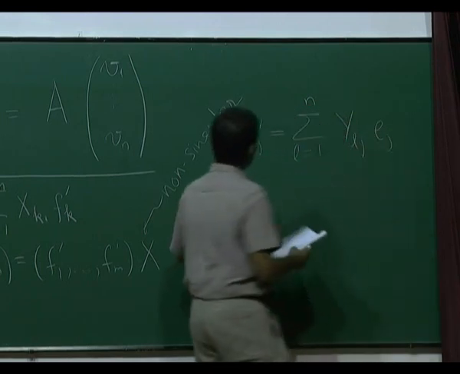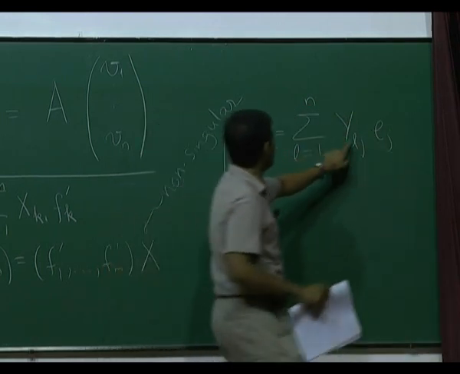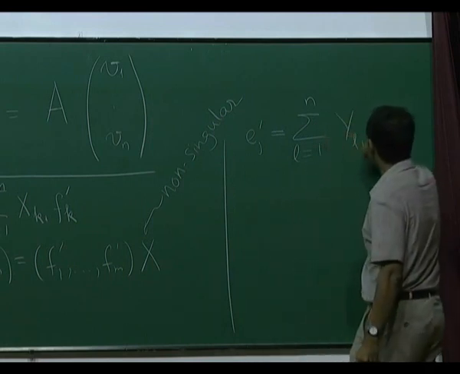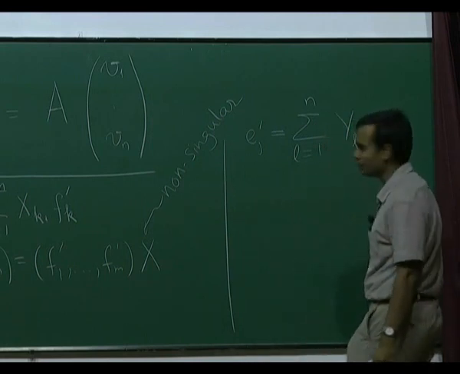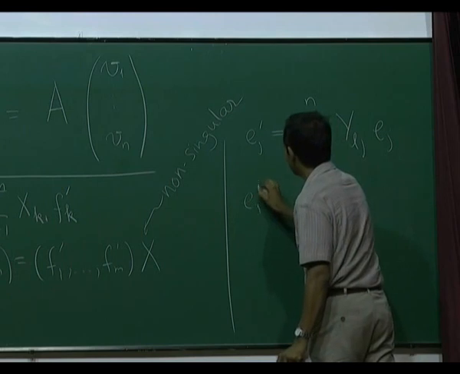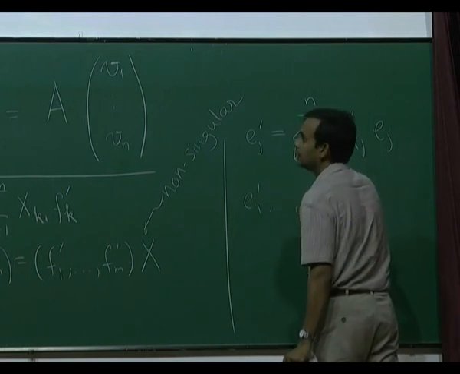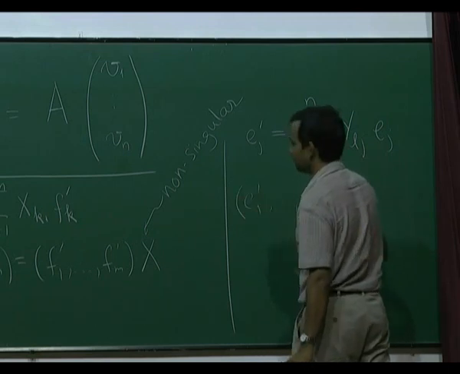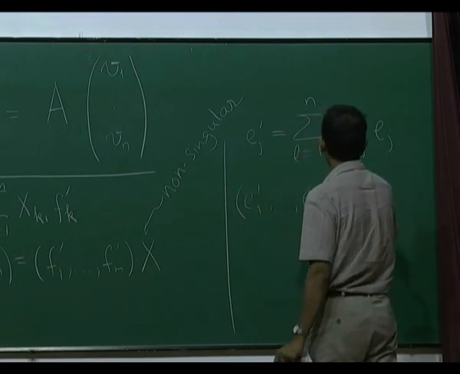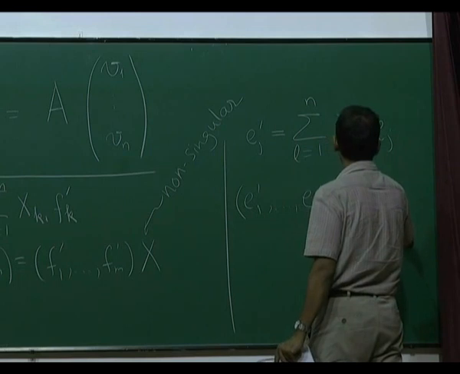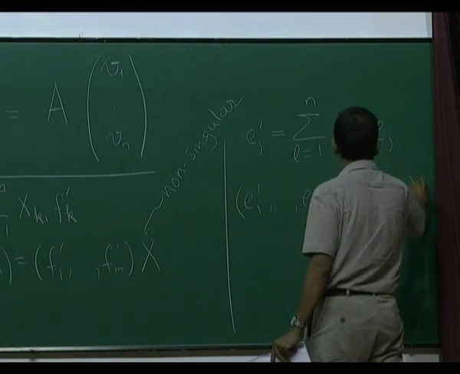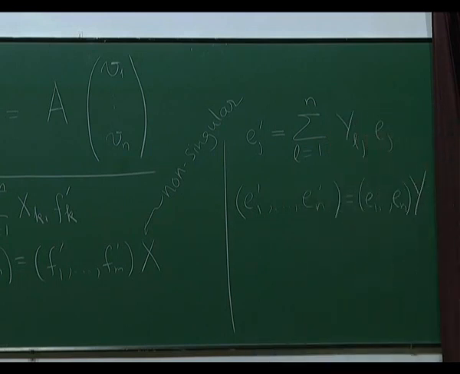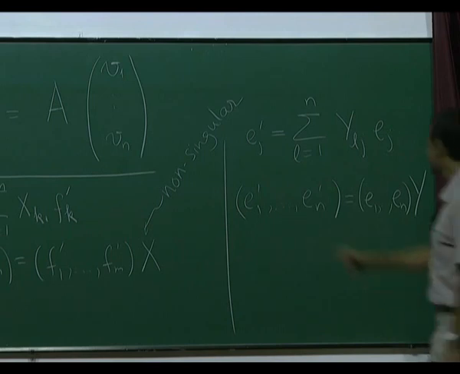So, this is now a new matrix, and again this matrix y will be non-singular, and what I can write this as is E1 prime up to En prime is equal to E1 up to En times y. Okay, so, we have got these transformations.